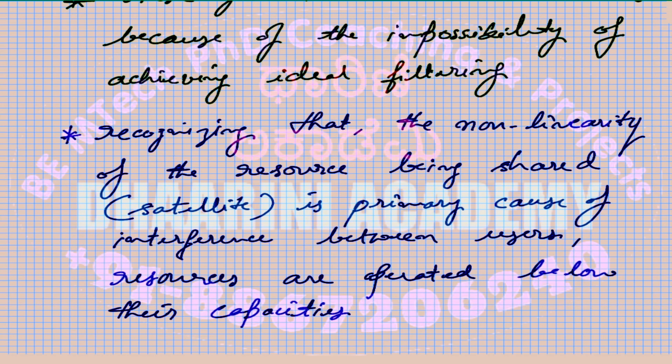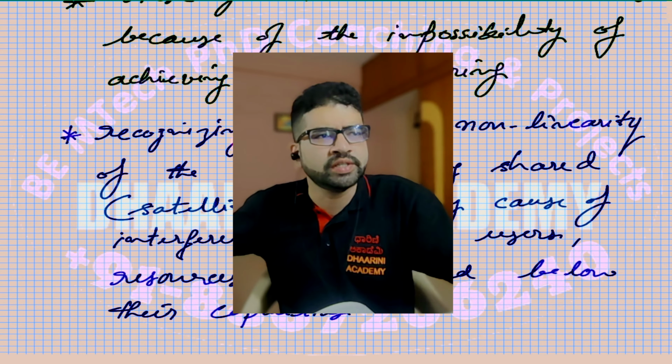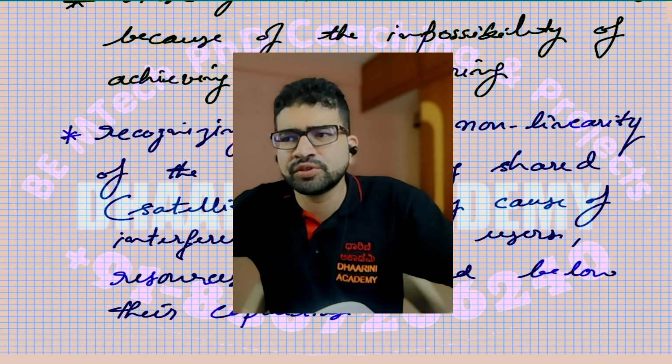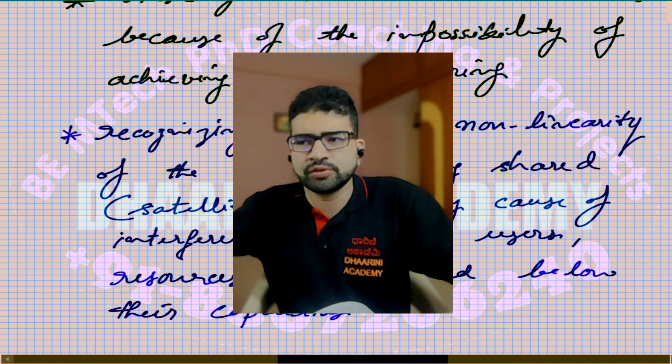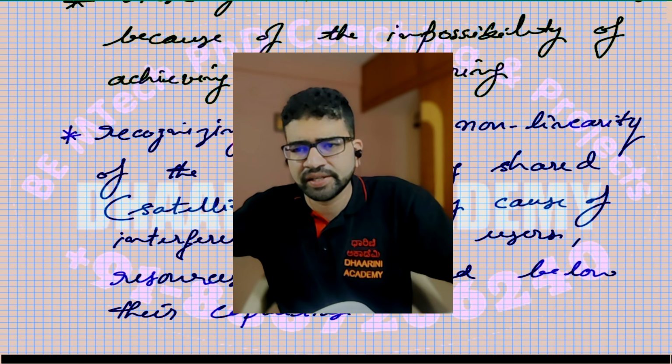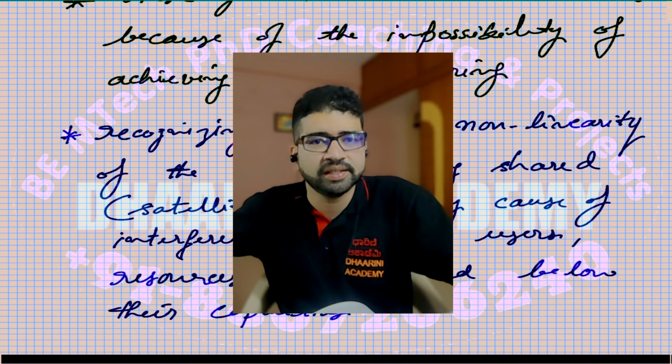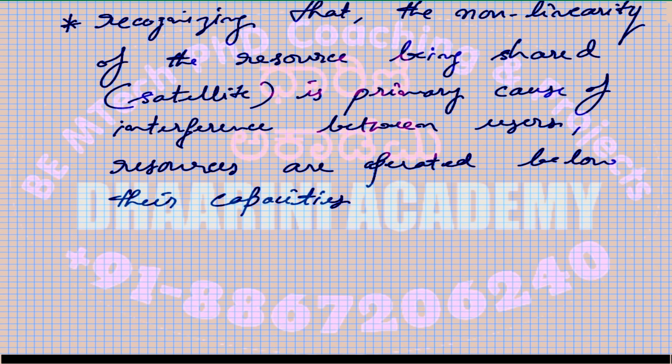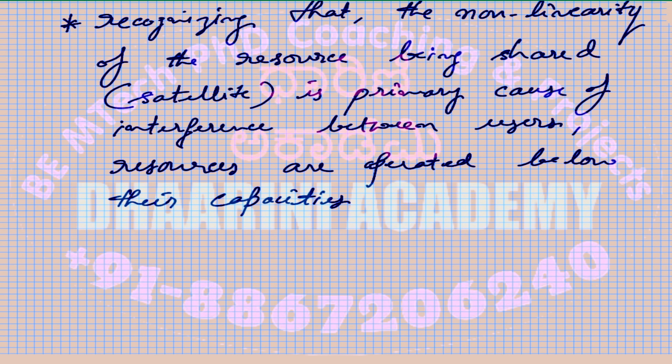In the sense, maybe you make it operate at a lower voltage, you make sure that lesser current flows over there, and also you try to give less power. Okay, so these are the options you can use to reduce the ultimate interference between the users.